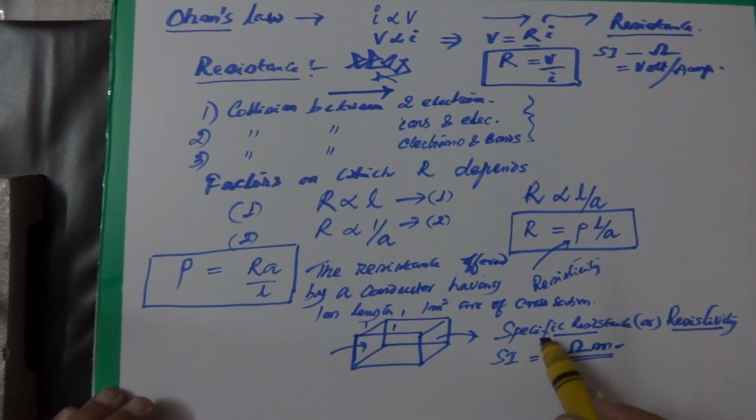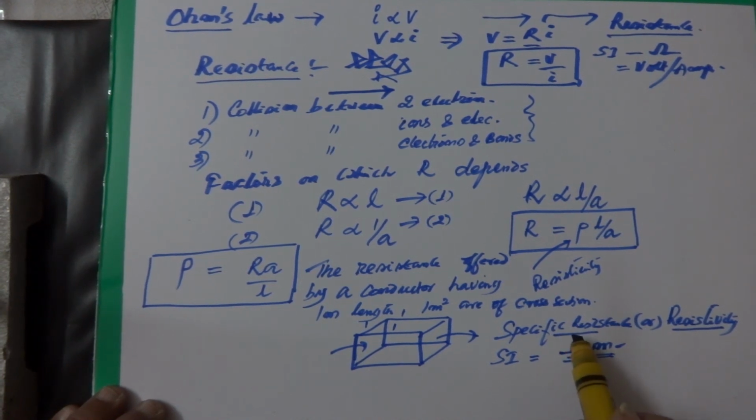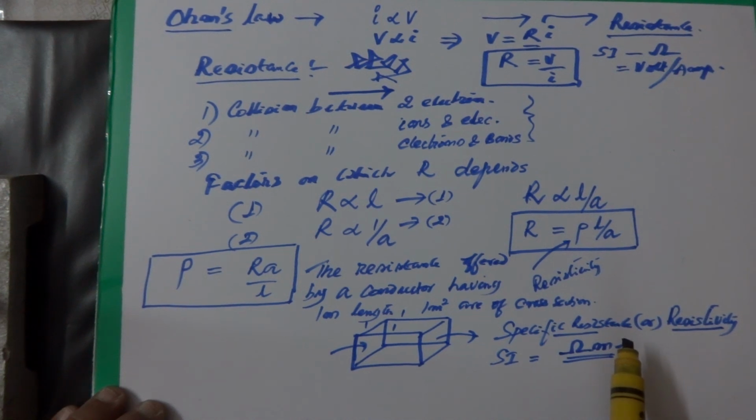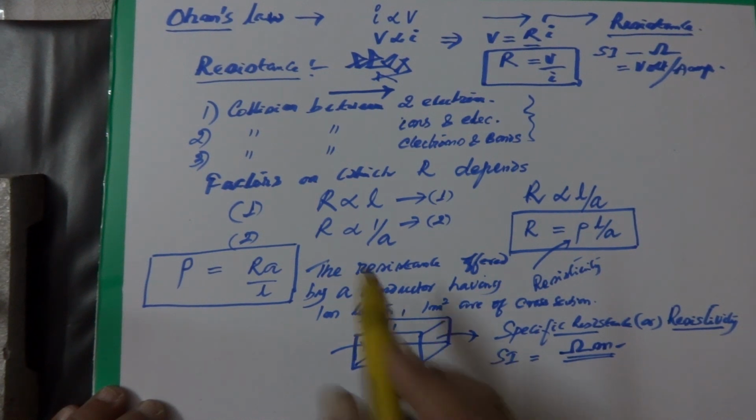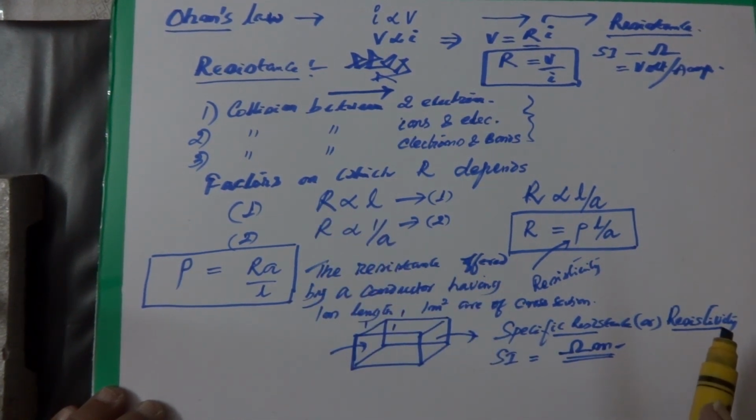Now this specific resistance is purely a property of that particular substance. Therefore specific resistance will not be affected by changing the geometrical measurements like length and area of cross section. So specific resistance is always constant for a particular material, and it does not depend on the geometrical measurements, as resistance depends on the geometrical measurements like length and area of cross section.